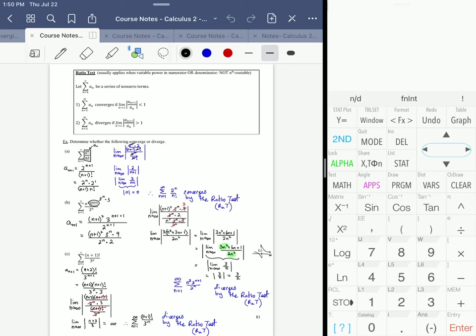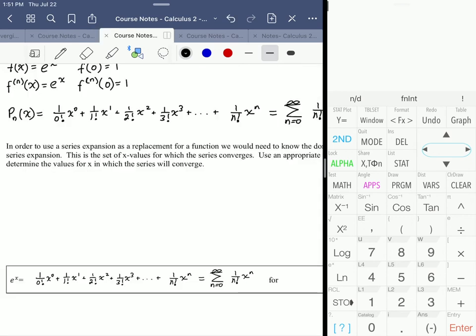All right, so in order for a series to converge in a ratio test format, which this does appear to be, this has the look of a ratio test. So I'll rewrite it just so that it stands out a little bit more: the sum from n equals 0 to infinity of x to the nth over n factorial.